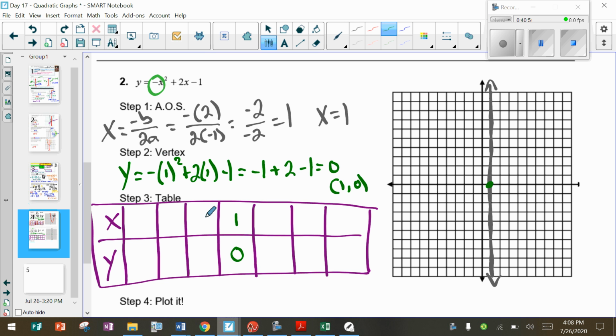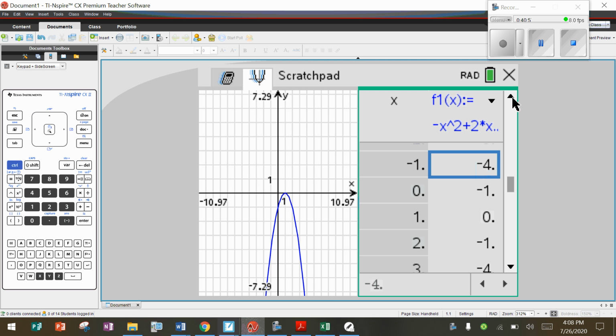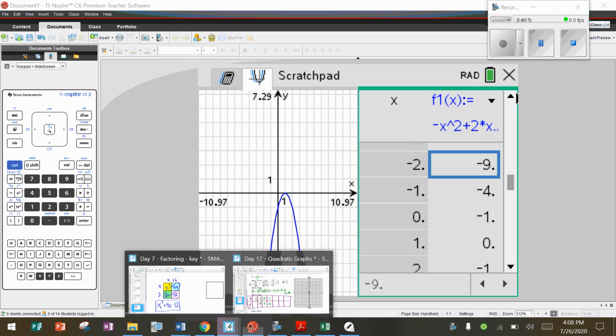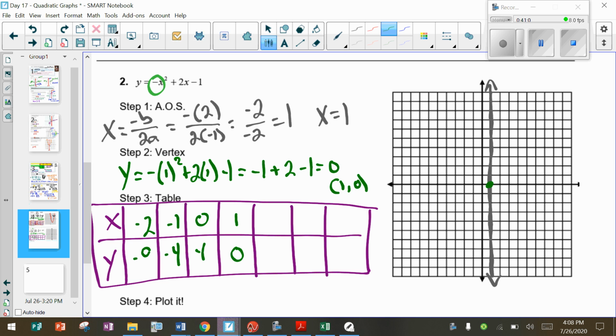If I want to get another value, just go to the next spot on the table. And remember that our numbers will be symmetric. So at 2, it'll be negative 1, 3 is negative 4, and 4 is at negative 9. So let's plot these points, get our graph, and be on our way.